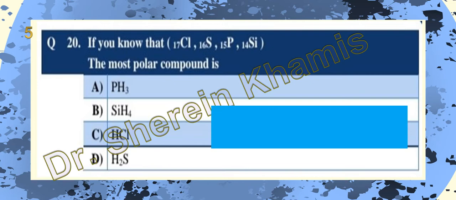If we want to know the most polar compound, it depends on the elements we have: silicon 14, phosphorus 15, sulfur 16, and chlorine 17. If we go from left to right, increasing the atomic number, the atomic radius decreases, so the electronegativity increases.